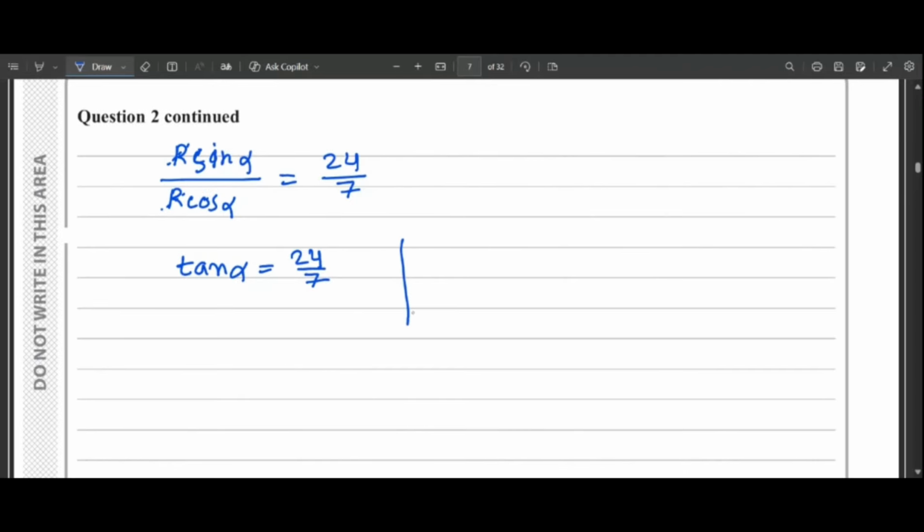We know that alpha is within the range 0 to pi by 2. There is only one value of alpha within this range, which is the value from the first quadrant.